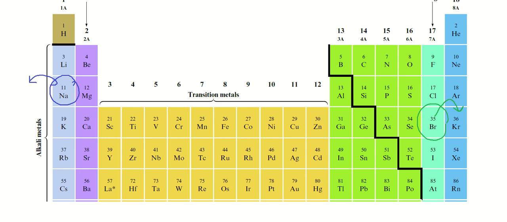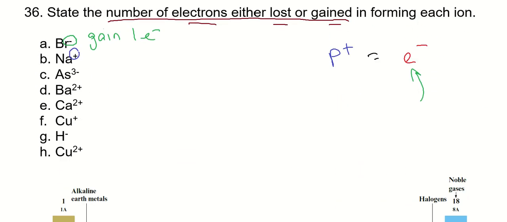It's going to readily lose that 1 electron to have the same electron configuration as its nearest noble gas, which is 1 spot before it, in this case neon. So that's why they generally have a 1 positive charge, because they lose 1 electron. They have 1 valence electron to lose.